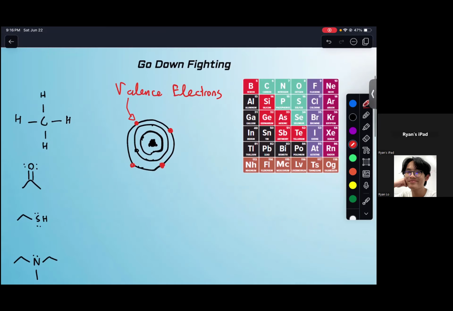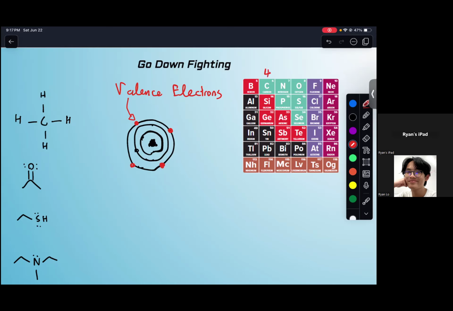Knowing how many valence electrons an atom has is key, in 99.9% of scenarios, to figuring out how many bonds a certain atom will have, and therefore what charge it will be in certain conditions.